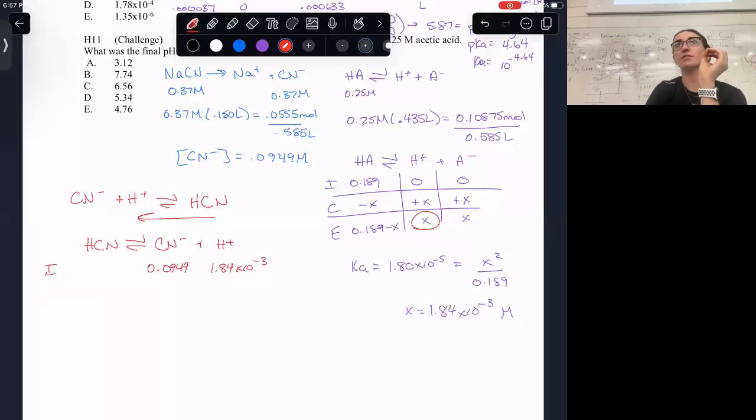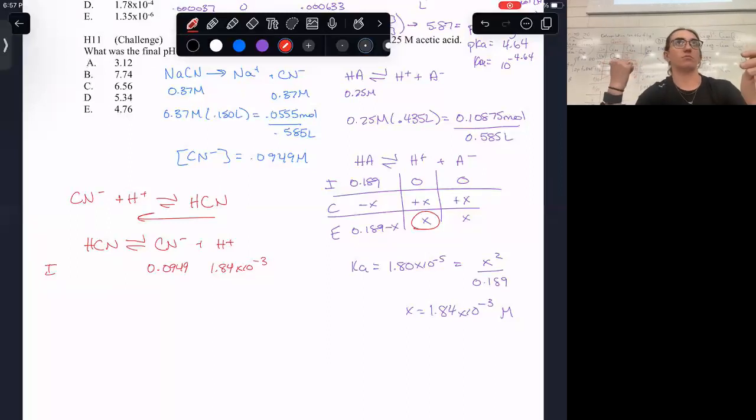Right, so now it looks like the beginning where we just have a little bit less HA, a little bit less acetic acid, no H plus ions, and some A minus ions. So as you keep on taking this H plus out of solution and using it up with that CN minus, you're going to be shifting your acetic acid equilibrium more and more towards products.